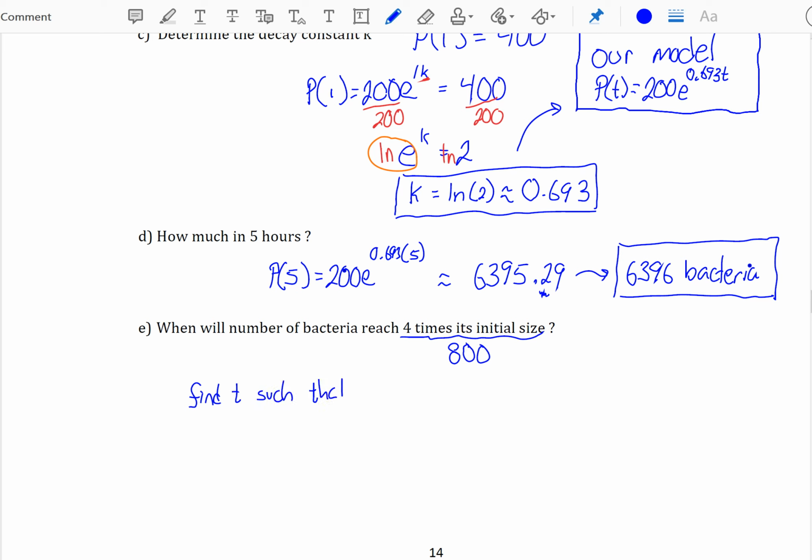such that 200 e to the 0.693t will equal 800. Find the value of time where the population reaches 800.